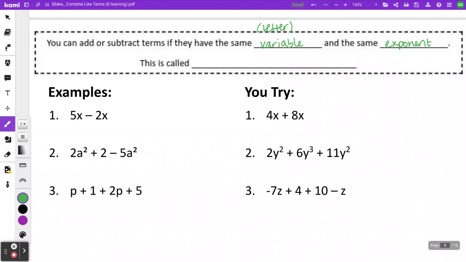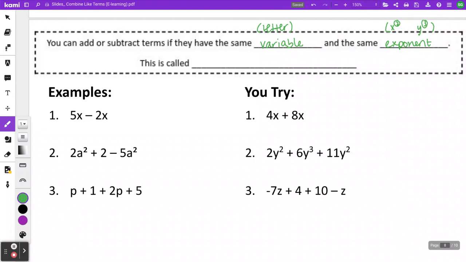Do you remember exponent? It's usually that tiny little number at the top, like squares or cubes. So we're looking for that little number there to be the same.